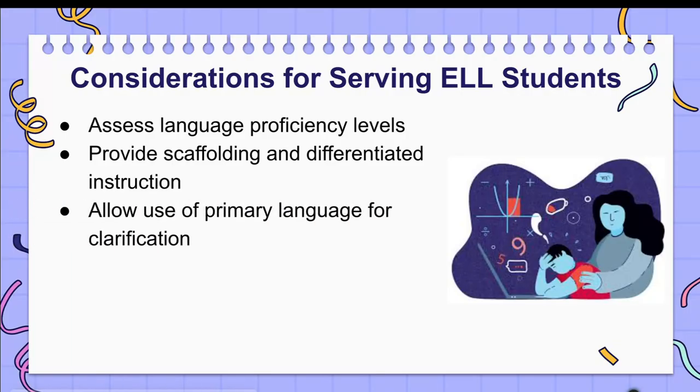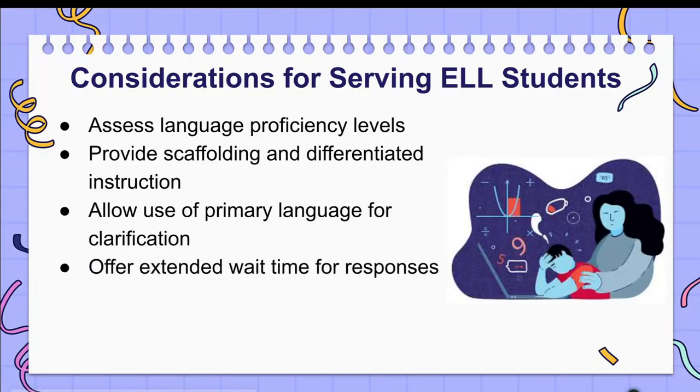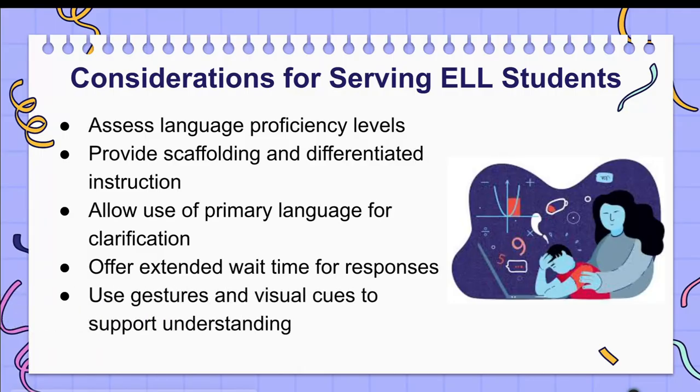Allow use of primary language for clarification. If possible, let students discuss concepts in their native language to ensure understanding. Offer extended wait time for responses. ELLs often need more time to process questions and formulate responses in English. Use gestures and visual cues to support understanding. These can help bridge language gaps and reinforce key concepts.